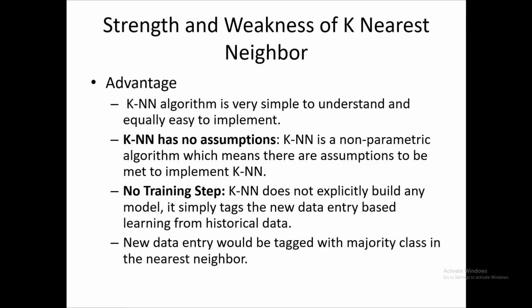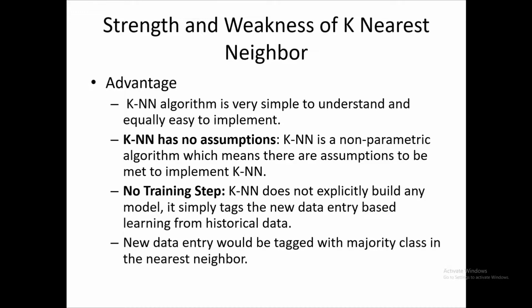When we talk about the advantages or strengths of KNN, as we have seen, the KNN algorithm is very simple, we can understand it quite easily, and it is very simple to implement. And it has no assumptions.